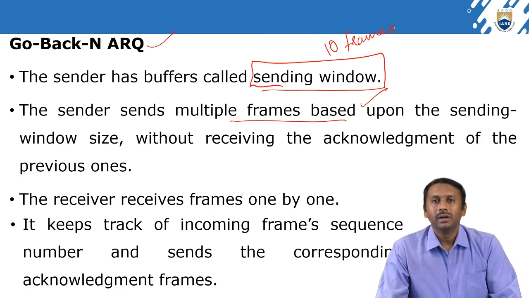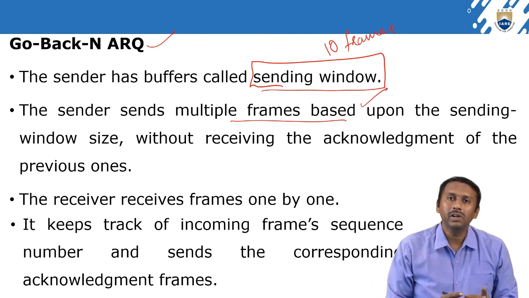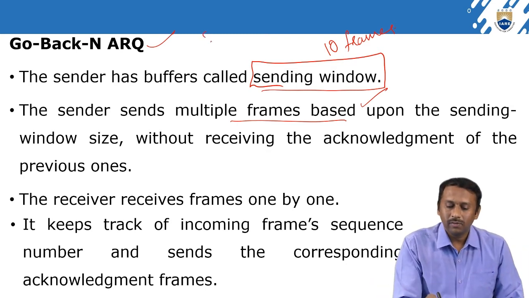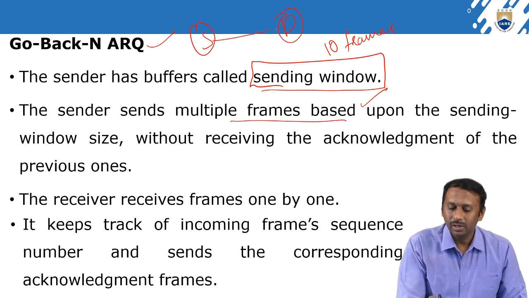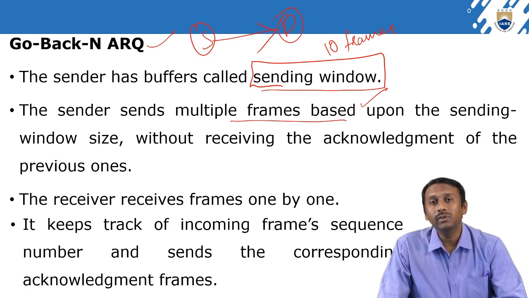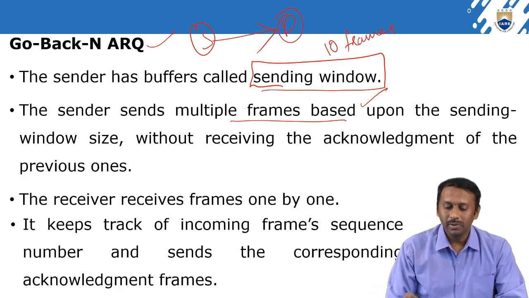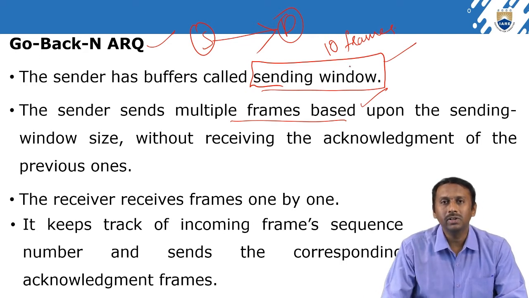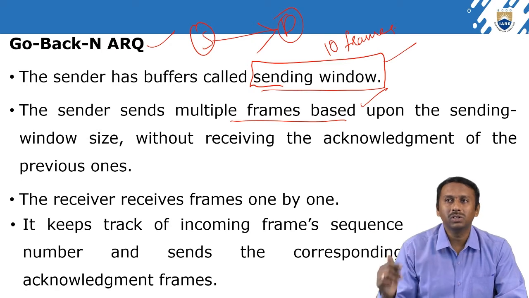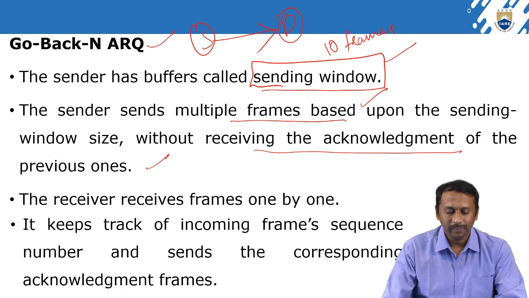So instead of sending one frame and waiting for acknowledgement, here the sender will send 10 frames continuously from source to destination, with no waiting for acknowledgement of the first or second frame. So straight away 10 frames are going to be transmitted, because in our example the sending window size is 10 frames, without receiving the acknowledgement of the previous one.